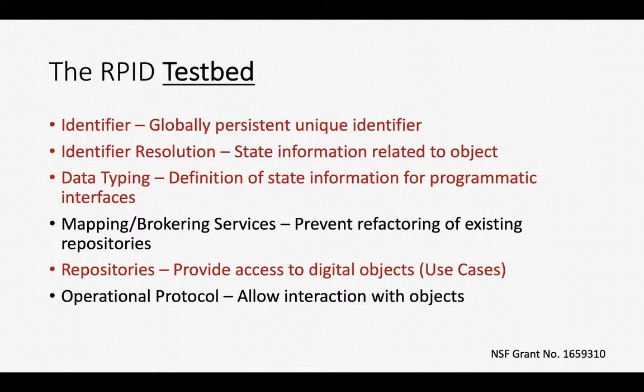We looked at 4 use cases during the RAPID testbed. One was SEEDtrain, which collects environmental data, so basically airbox sensors. Some rice genomic data from PRAGMA: the Pacific Rim project is collecting various rice genomic data. The Perseus Digital Library, which is classical texts out of Tufts University.